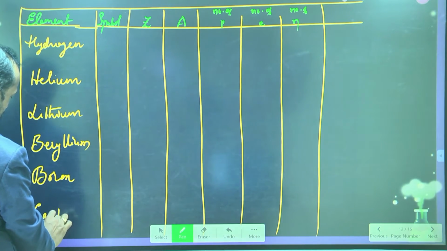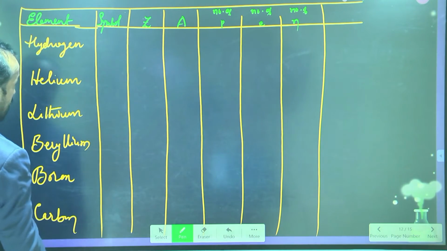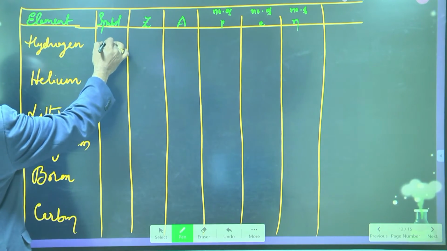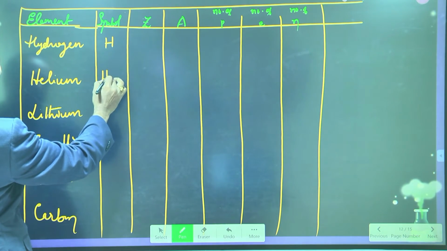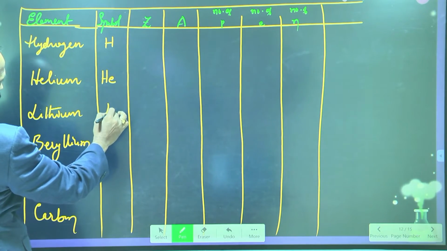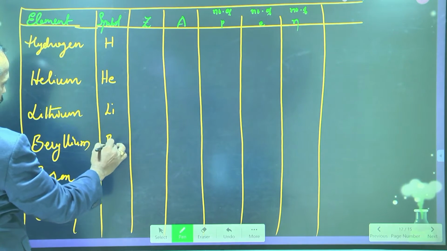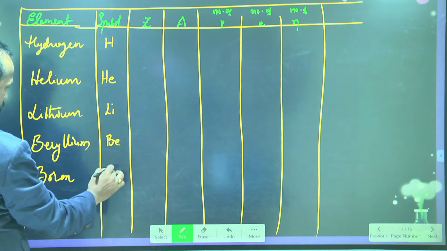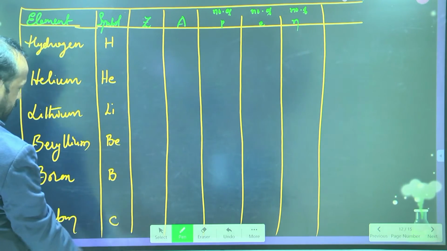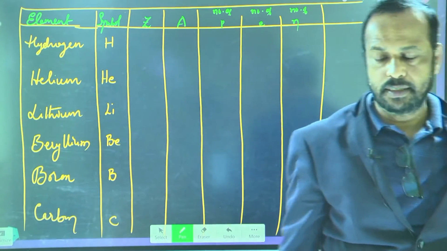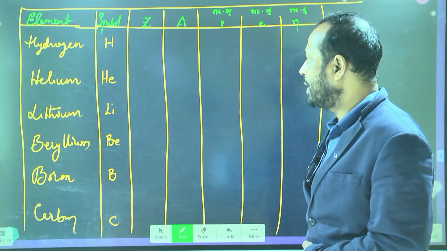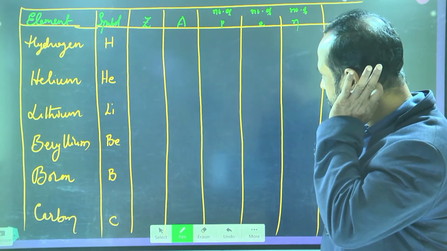Till here I will write. And the symbol of hydrogen is, do you know? You write the 20 elements, and today I will give all the atomic numbers of the first 20, and the mass numbers also I will give.